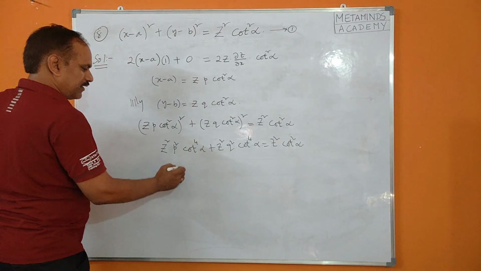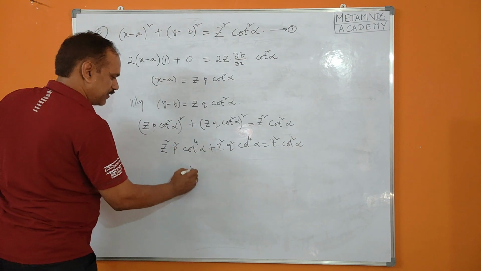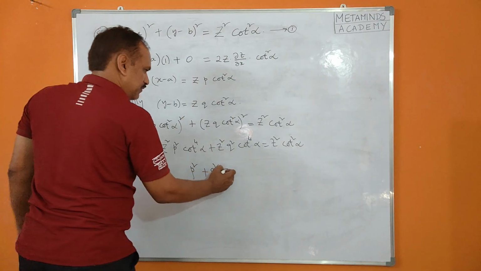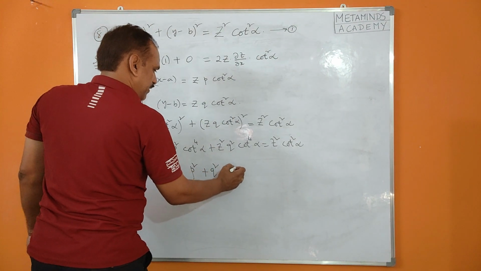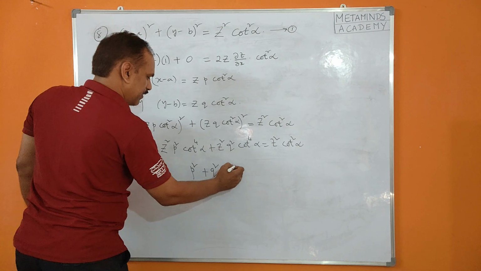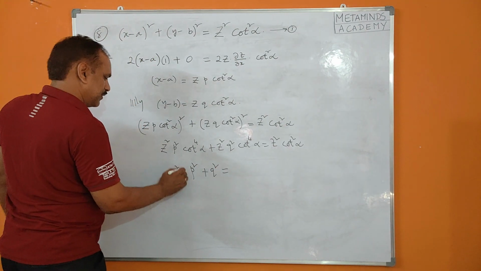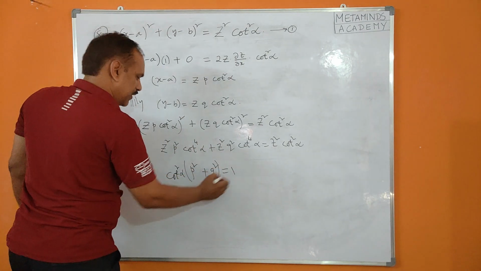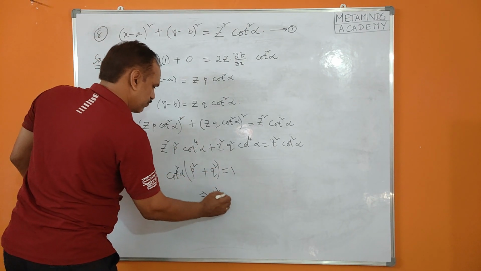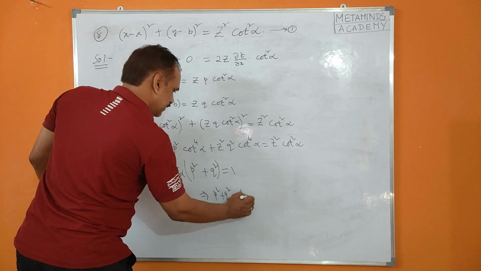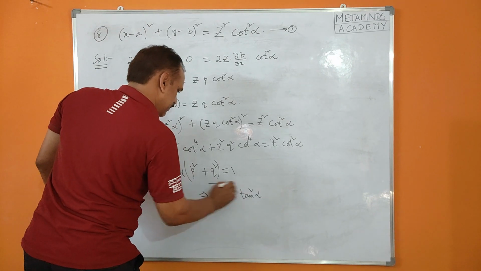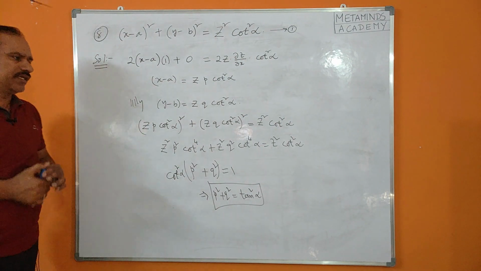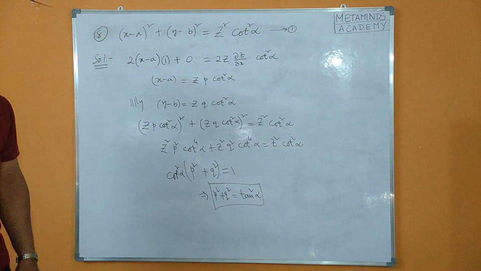Z square gets cancelled, cot square alpha gets cancelled, p square plus q square is 1 by cot square alpha, right? So p square plus q square is tan square alpha, which is the required partial differential equation. Okay.